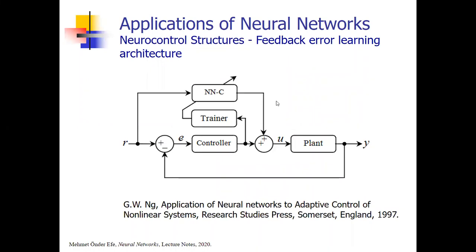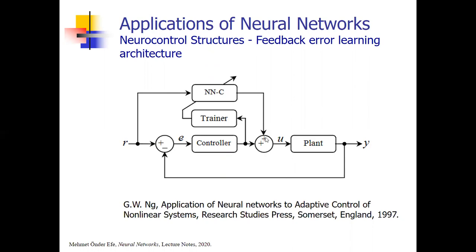And that is called the feedback error learning architecture, FELA. As far as I remember, it was in 1987 by Kawato. Well, there is this usual feedback loop. And with that feedback loop, you use the reference signal as an input to your controller, which is a feed-forward type of controller.